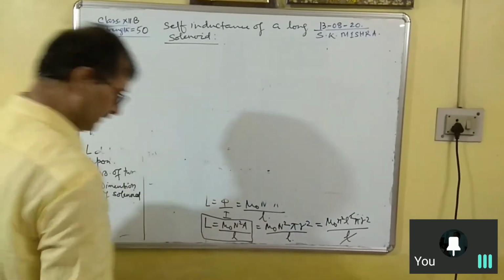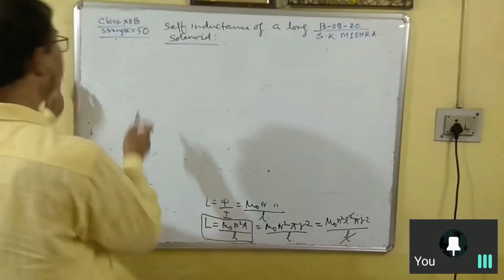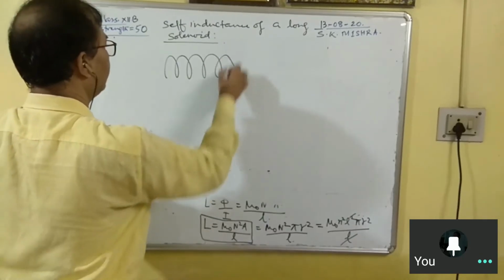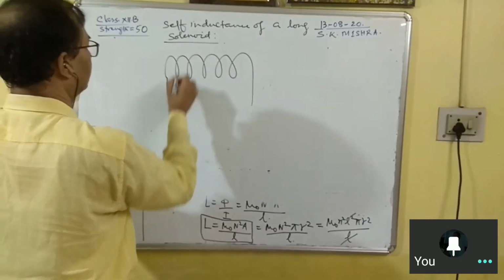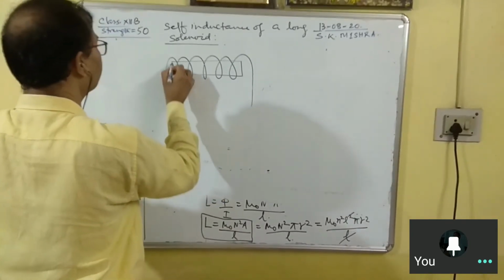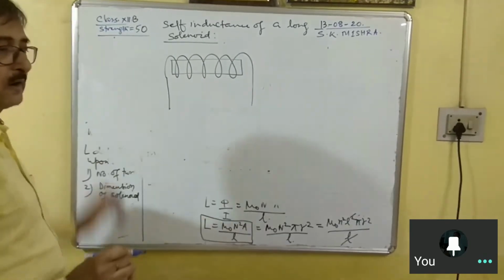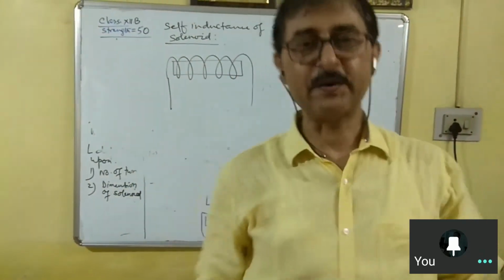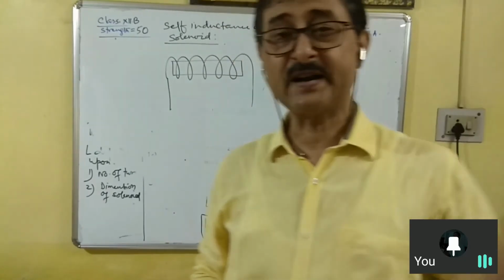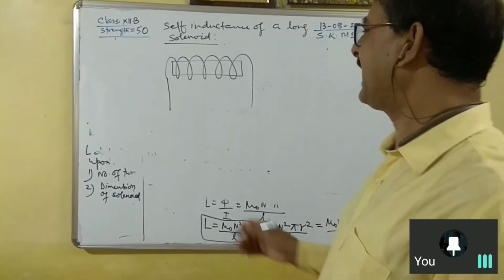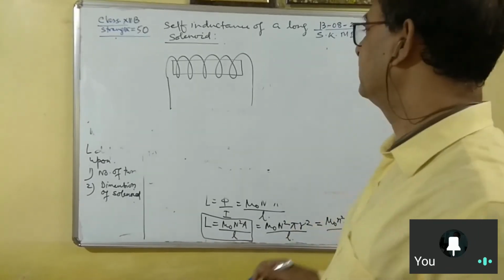If you have a solenoid and then you have inserted a core other than air, like soft iron, if you insert a rod made of soft iron or any material having relative permeability mu r.